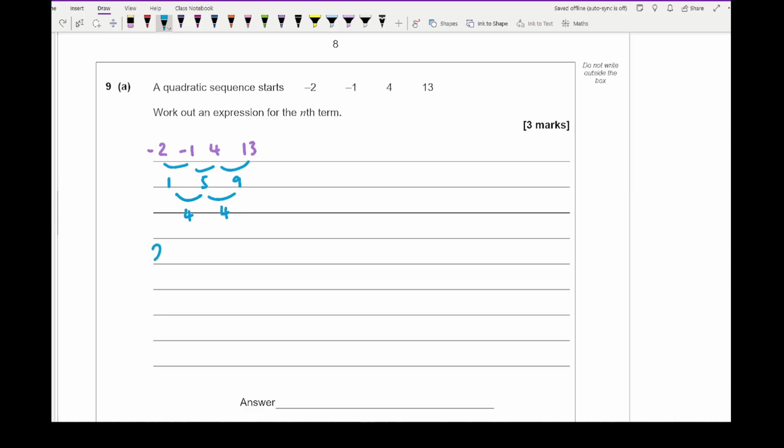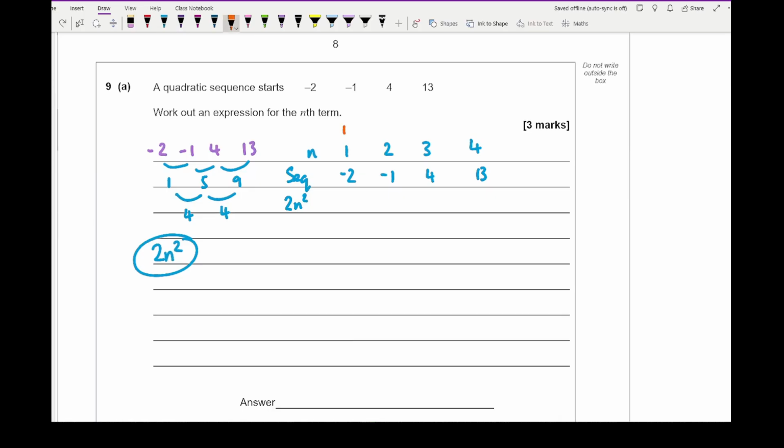So that means that 2n squared is going to be in the formula. So from this, we've got n, we've got 1, 2, 3, 4. We've got the numbers in the sequence, which are -2, -1, 4 and 13. And then we've got 2n squared. So if I write these squared values, we've got 1, 4, 9 and 16.